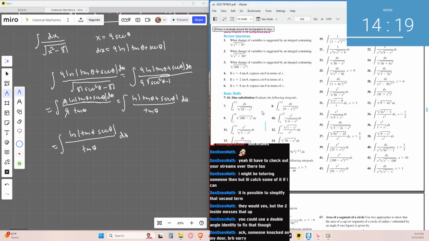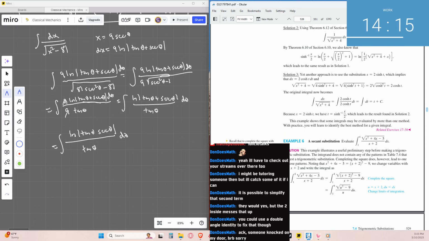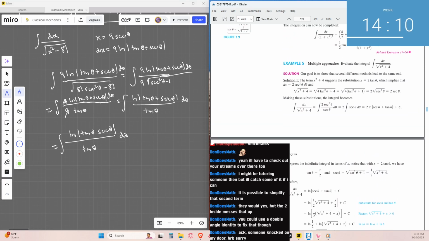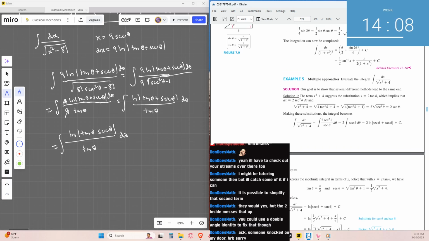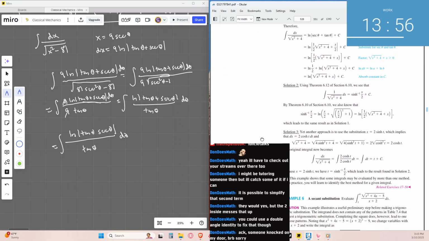Maybe I have to take a look at the example they provide for secant. I'm pretty sure they had one where it shows the log. This one's for tangent.